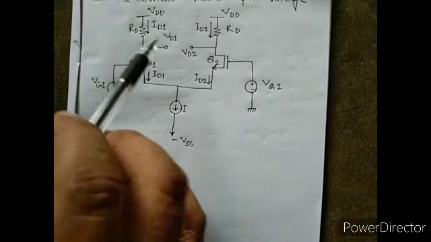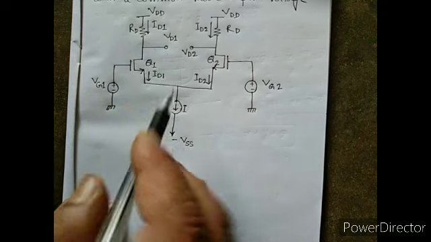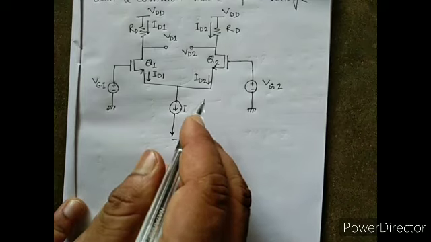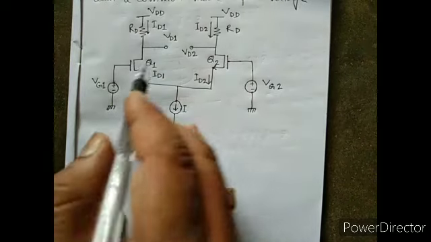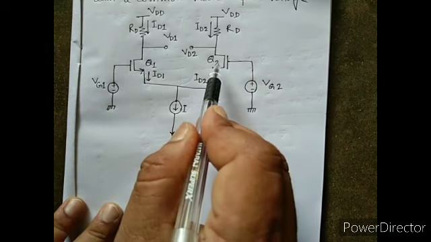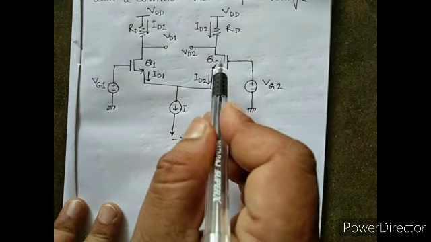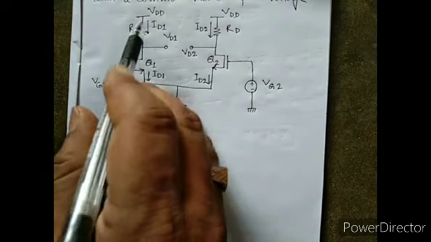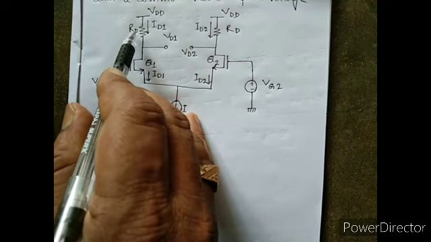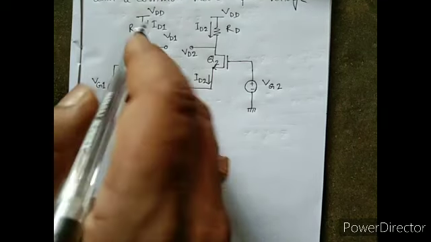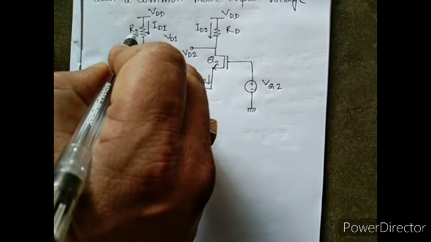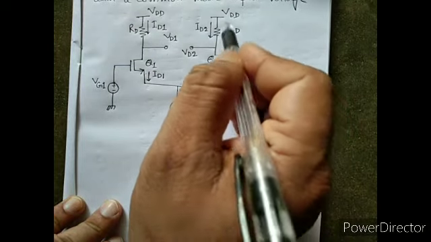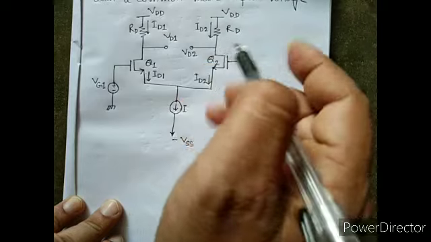Now this is the circuit diagram of the basic MOS differential pair configuration. Here two transistors Q1 and Q2 are working. They are matched. The drain terminal of Q1 is connected to a resistor RD with supply VDD. Q2 is also connected to VDD through an RD resistor.